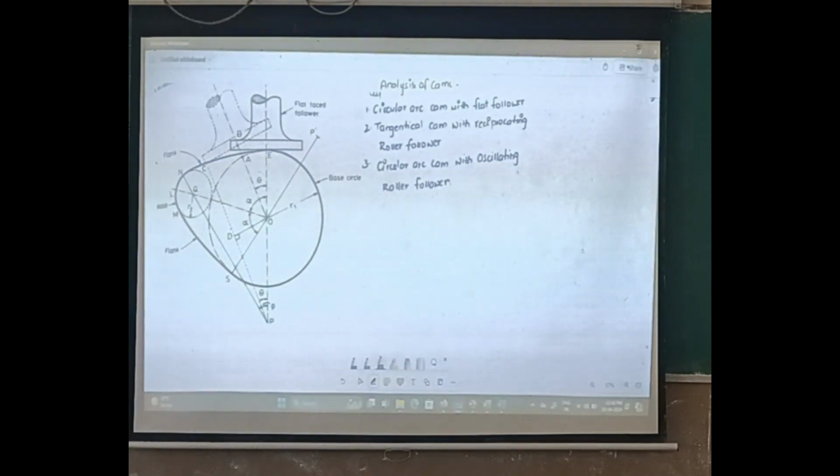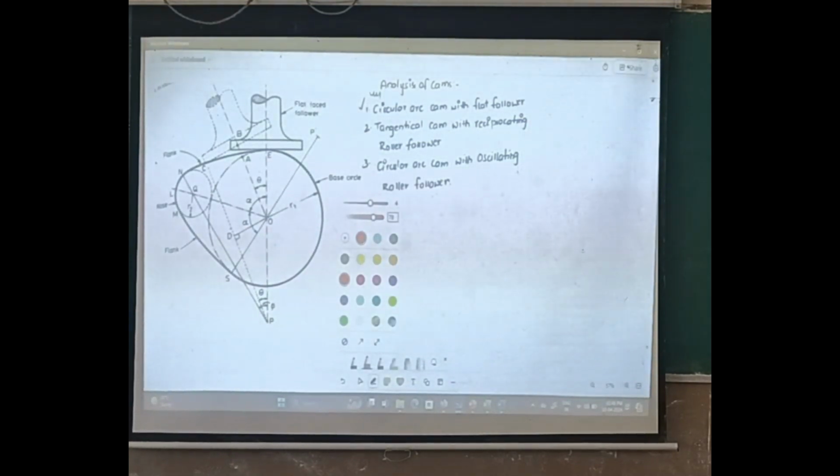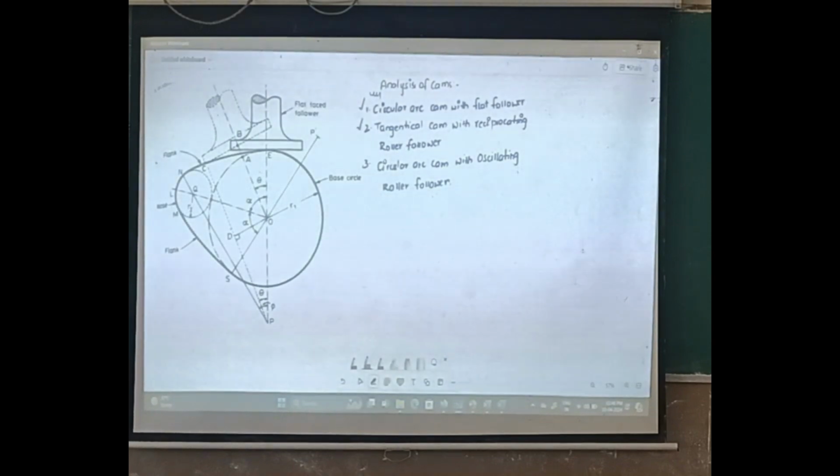Out of these three, in our syllabus we have the first one, circular arc cam with flat follower, and the second one, tangential cam with the reciprocating roller follower.